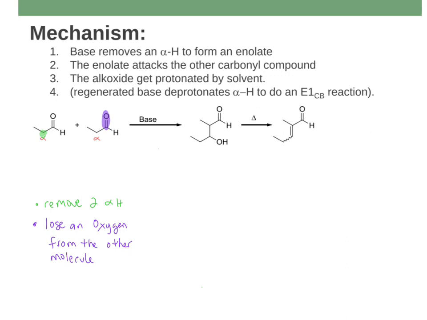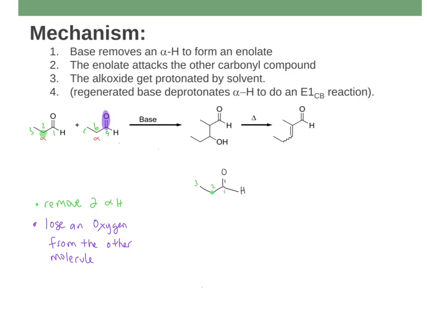And remember, I called this carbon 1, 2, 3, and I call this carbon A, B, C. So what I'm going to do is take my carbon here. Here's my starting molecule, and I call this 1, 2, and 3.